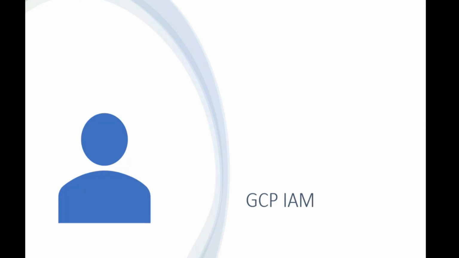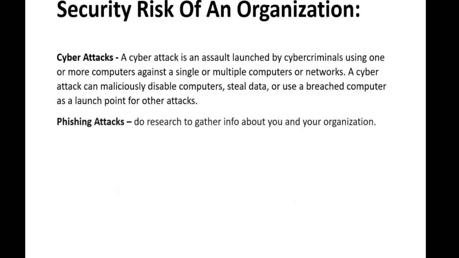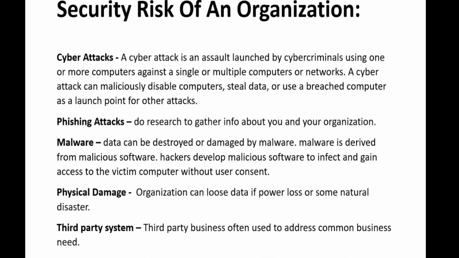Now what you find in GCP IAM is related to security for your service. If you remember, last day we talked about different security challenges in an organization. Now to handle these different categories of security, cloud, especially GCP, has an excellent solution.